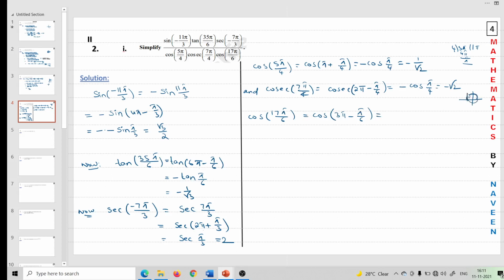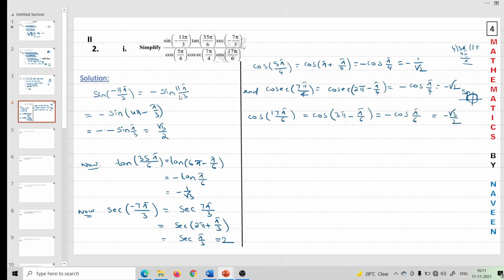Here 3 pi minus means here, in second quadrant. In second quadrant cos values are negative. Pi by 2 multiplied by 6. There is no change. Cos of pi by 6. That is equals to cos pi by 6 means cos 30 value. What is cos 30 value? Root 3 by 2. Clear?